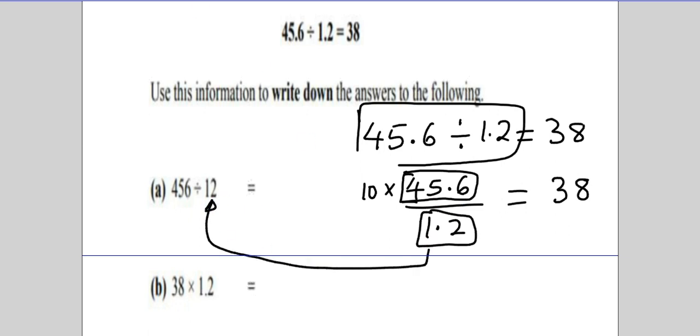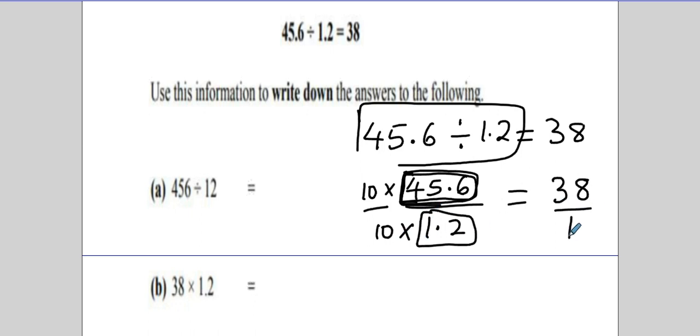So how do we do that? We take this number 1.2, multiply by 10. Now we have multiplied the numerator by 10, and we have multiplied the denominator by 10. Now if you look, this number is 38 over 1. So the same applies: multiply the numerator by 10 and multiply the denominator by 10.